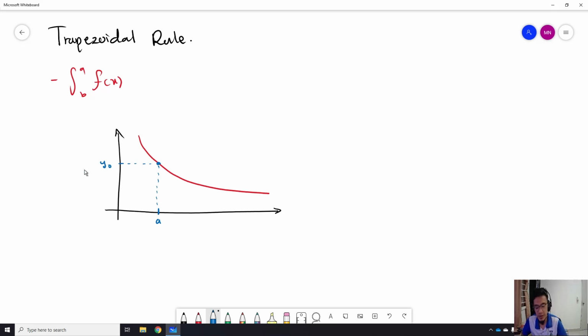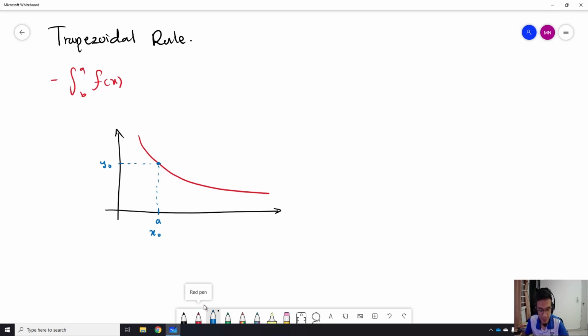This is the initial. And A also can be mentioned as x naught. It is the starting point for our area in the graph. We start from here, from x naught to y naught.